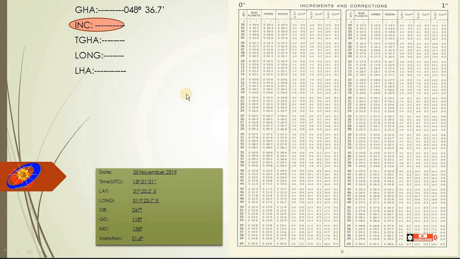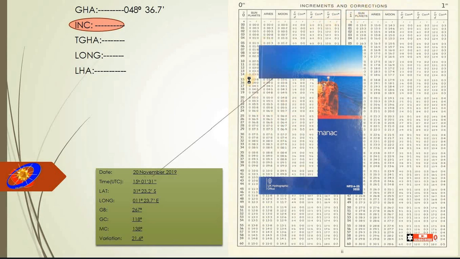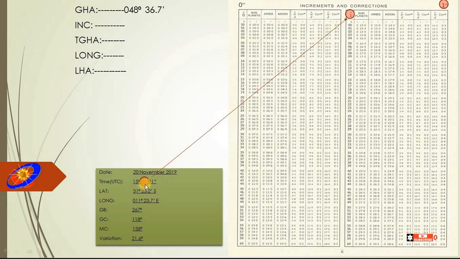Okay, for the value of increments, also we're gonna use the nautical almanac. It's yellow page, the increments and corrections. Yes, we're gonna need the minutes of our time. This is the minutes of the page.